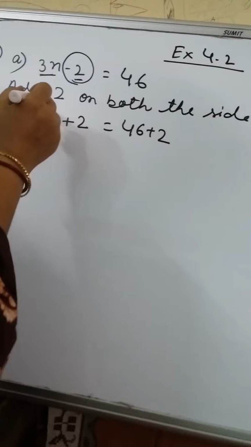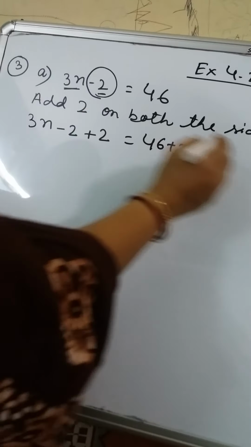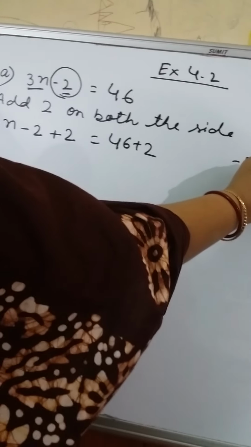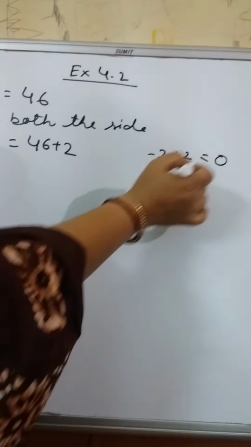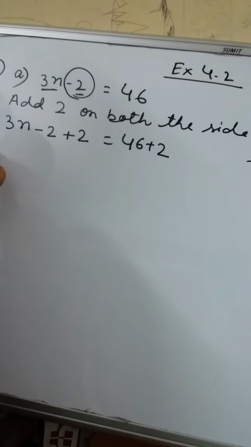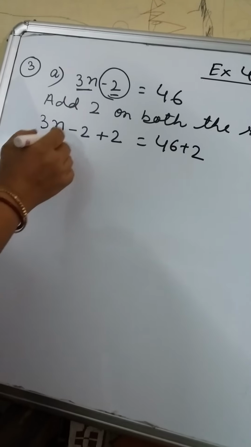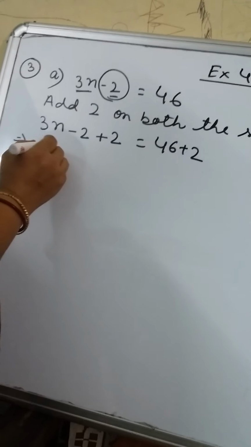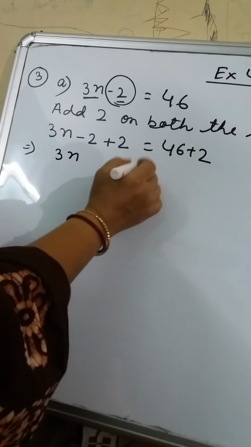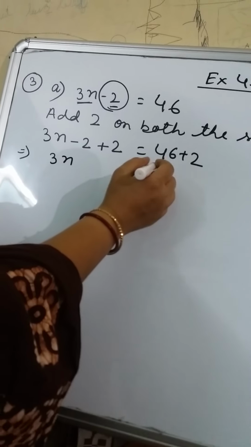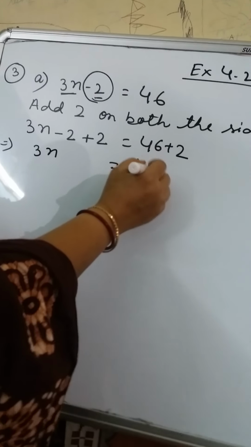I have added 2 because minus 2 plus 2 is 0. That's why I have done. So what will remain here? Minus 2 plus 2 is 0, so 3n will remain here, and 46 plus 2 is 48.